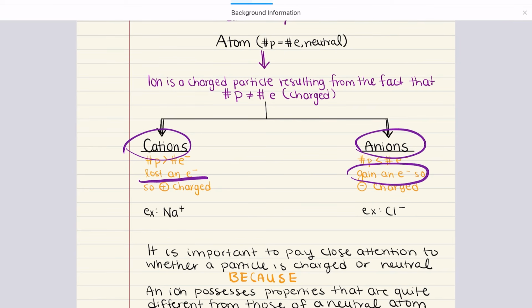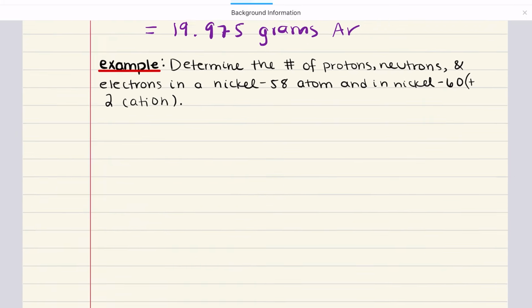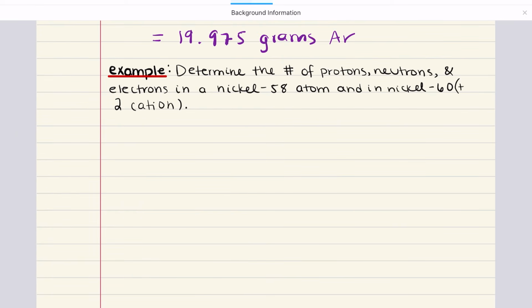With that being said, let's move back to our problem here that says determine the number of protons, neutrons, and electrons in a nickel 58 atom and a nickel 60. So for our nickel 58 atom, let's remember that the atomic number for nickel is 28. And remember that the atomic number tells us the number of protons.